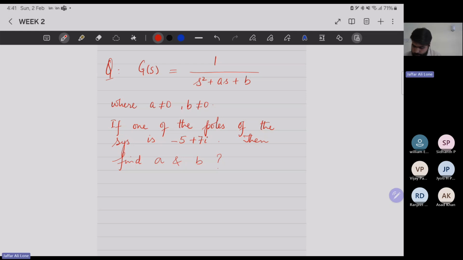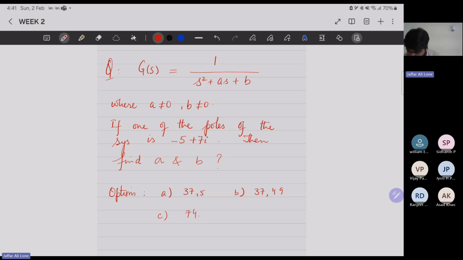You have options. I'll give you options. Option A is 37, 5. Option B is 37, 49.